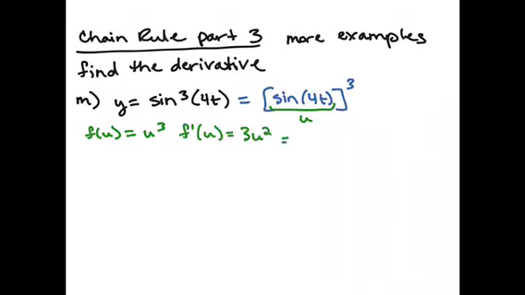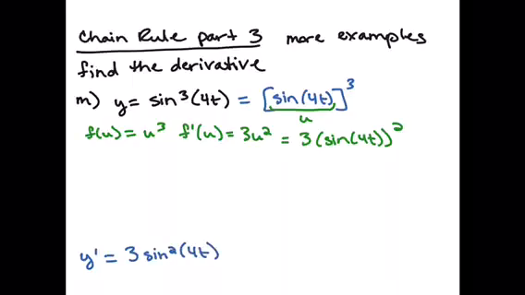And if I put that back in terms of t, that would be 3 times sine of 4t all squared. And what we're going to do to get our final answer is work our way from the outside in, taking derivatives as we go. So our outermost derivative is 3 times sine squared of 4t.